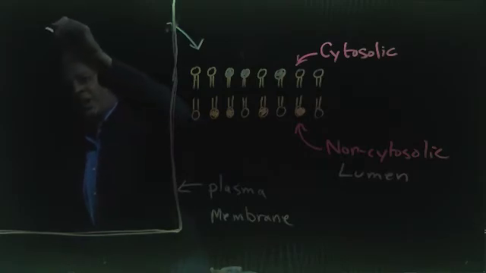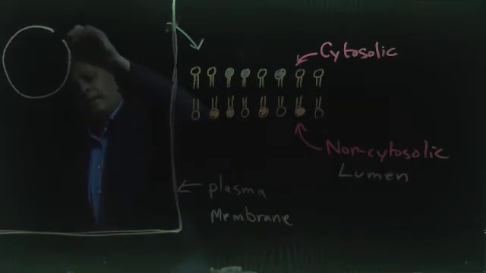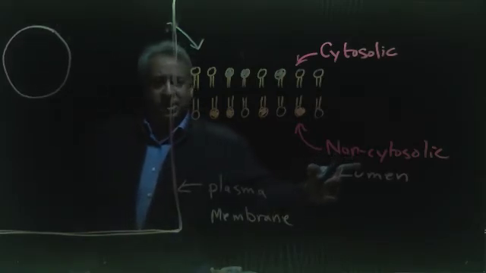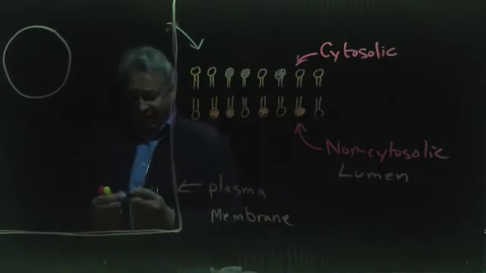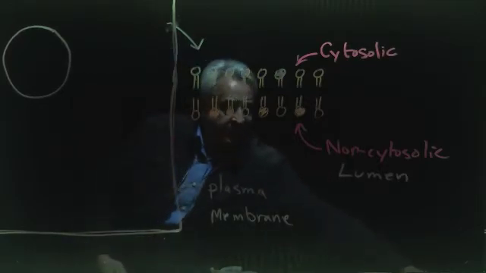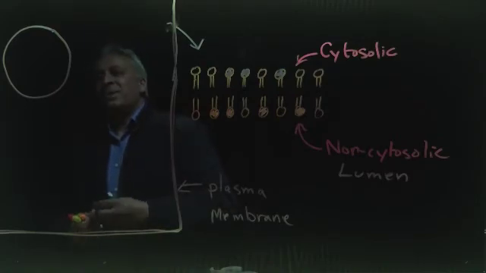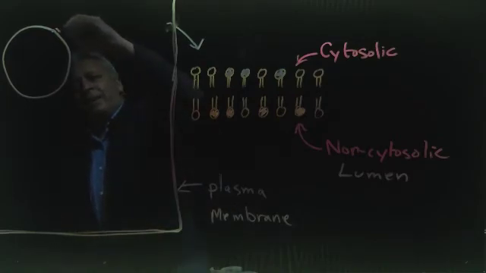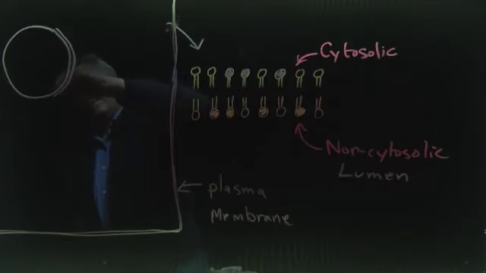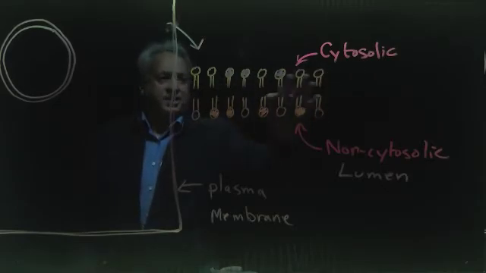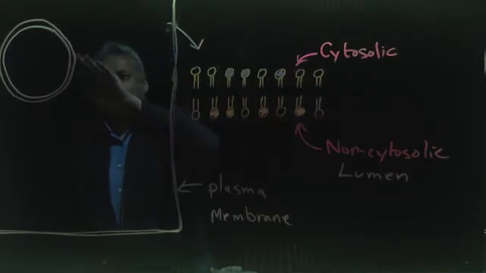We'll have the inner line be the non-cytosolic surface of the lipid bilayer. And then if I use a different color, I'm hoping that the alternative color will show up, and that'll be the cytosolic lipid leaflet on the outside.